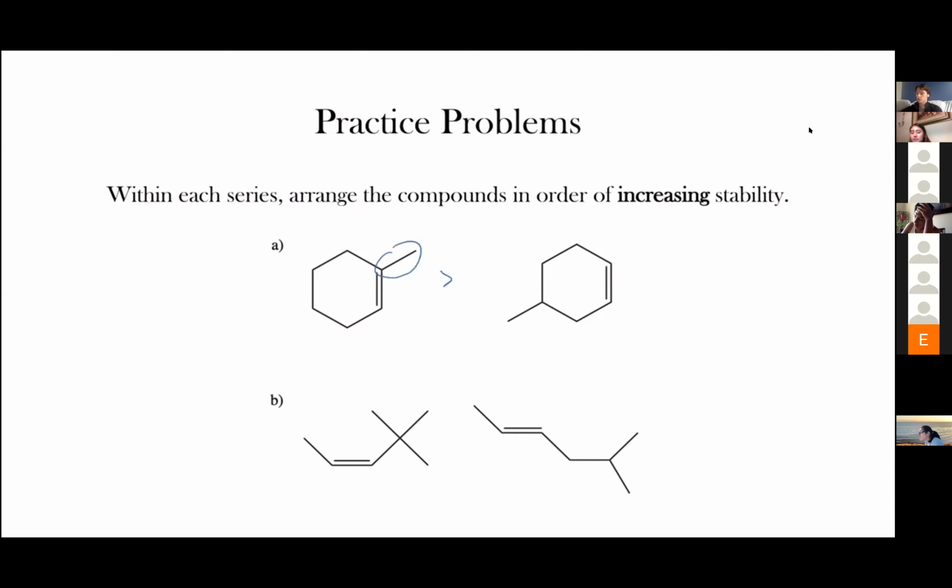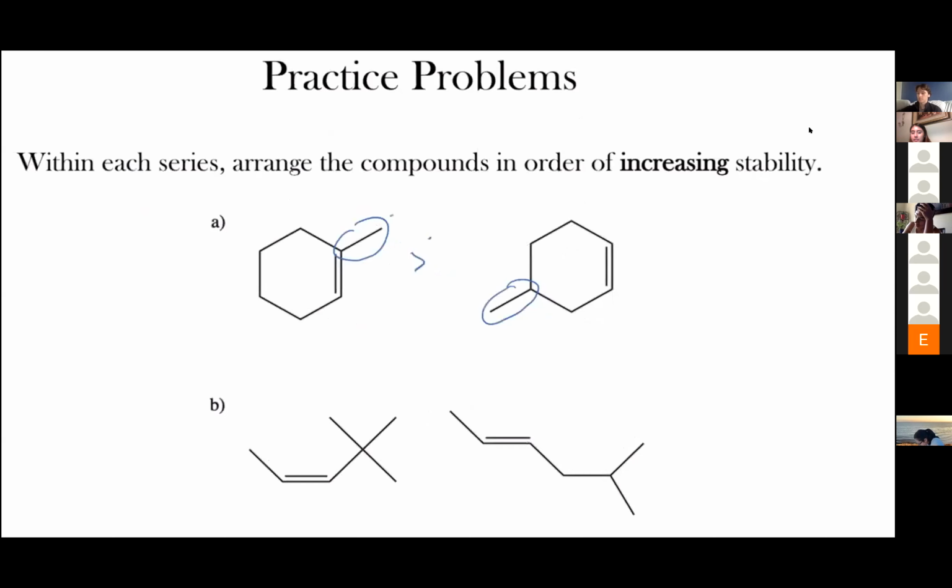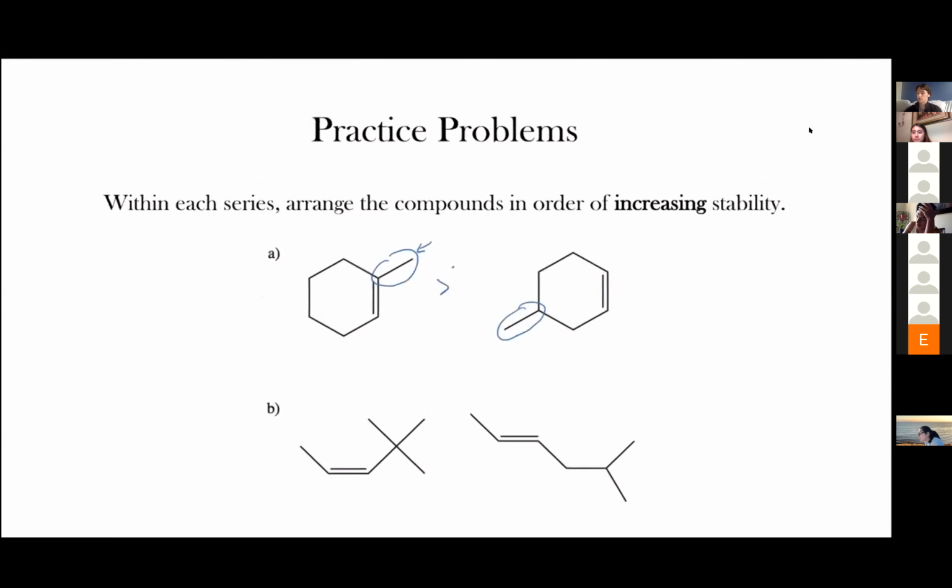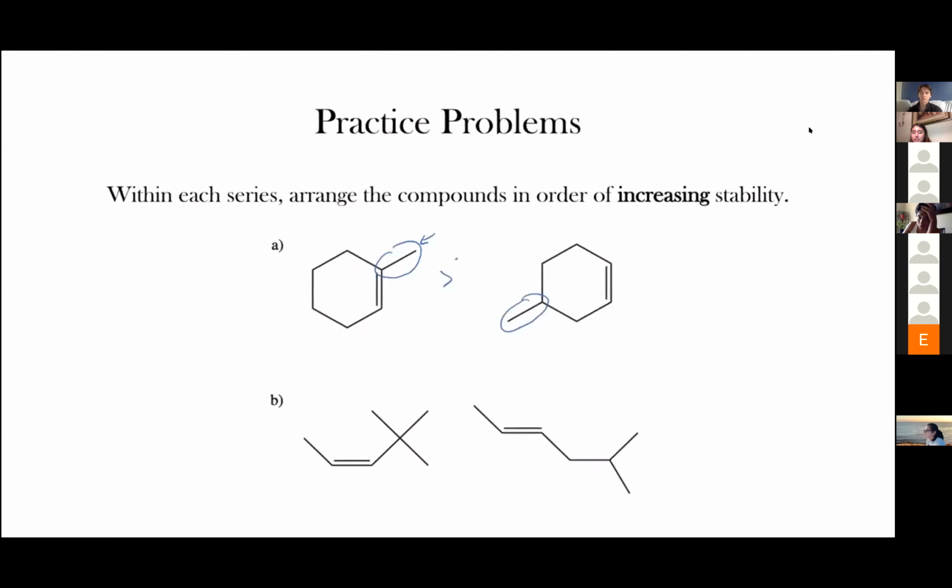So if we compare, say, this methyl group sticking off and this methyl group sticking off, right? This one right here is involved in a CSP2, CSP3 bond, whereas this one on the right is CSP3, CSP3, okay? So we've increased the number of alkyl groups around the double bond in the one on the left. Good. Can anyone tell me what you think for B?